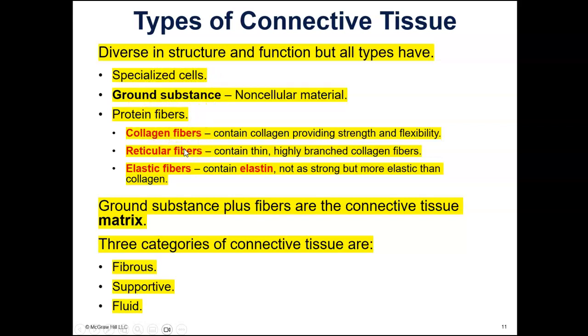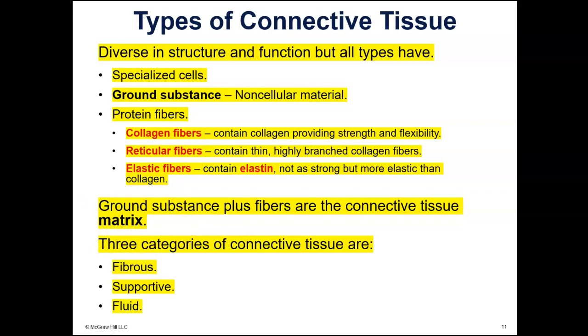And for example, blood is a connective tissue. It's a fluid connective tissue. So is lymph. And neither one of the fluid connective tissues has protein fibers. It only has cells and ground substance. But when you add the ground substance and the protein fibers together, we call that the matrix. The matrix of connective tissue surrounds the cells of connective tissue.